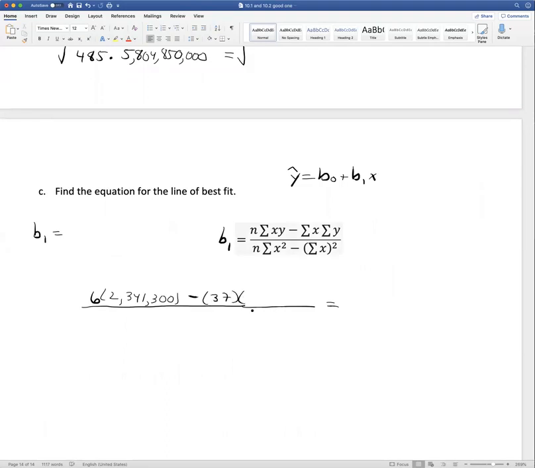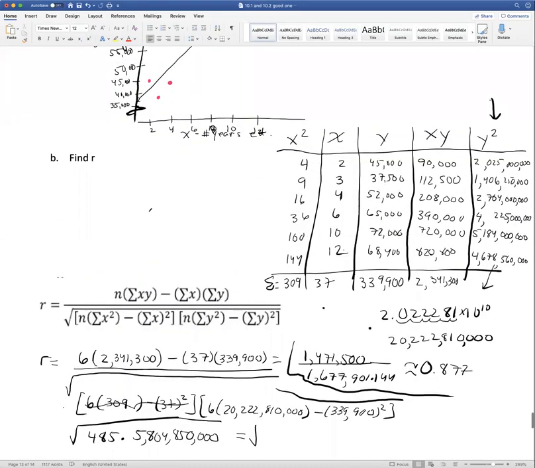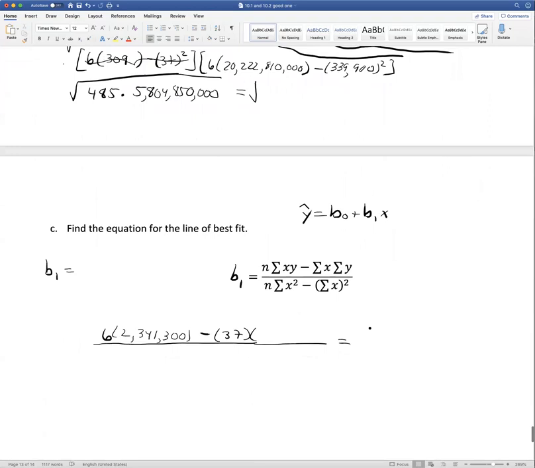Times sum y, the sum of our y values, 339,900.